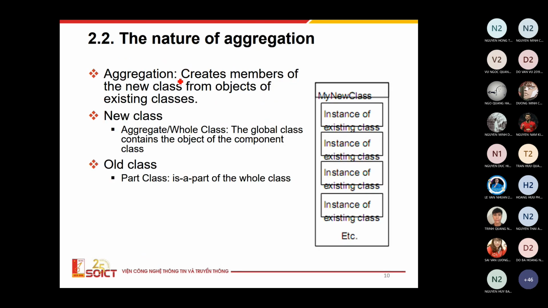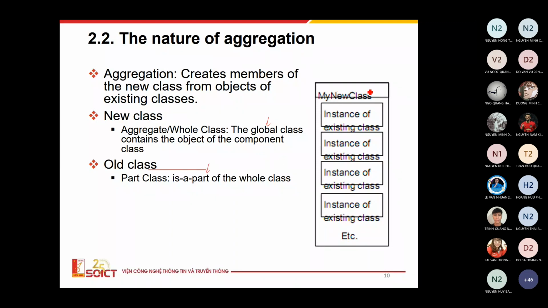So this is the way aggregation can do. They will create members of the new class from the object of the existing class. The new class will be called the aggregate class or the whole class, and the old class can be called part class, or you can call this one a global class, and this is a part of the whole class.